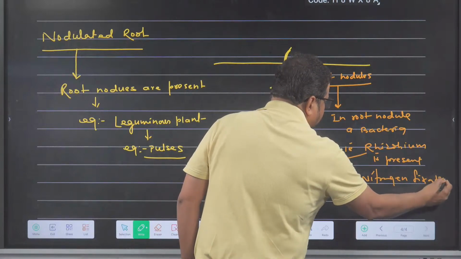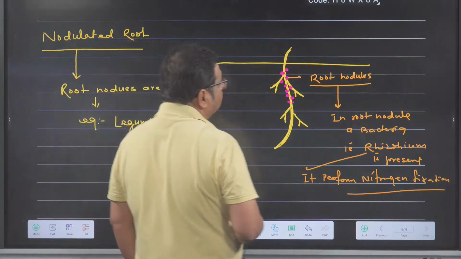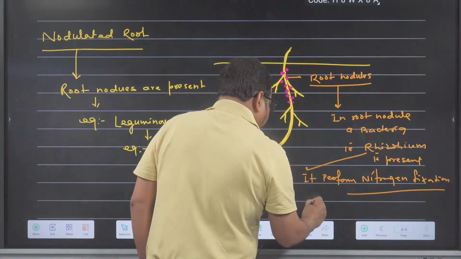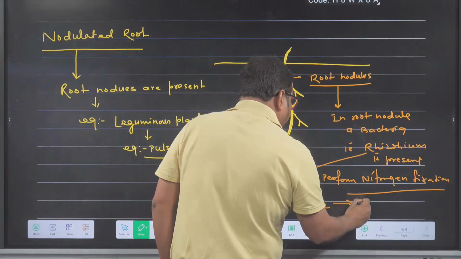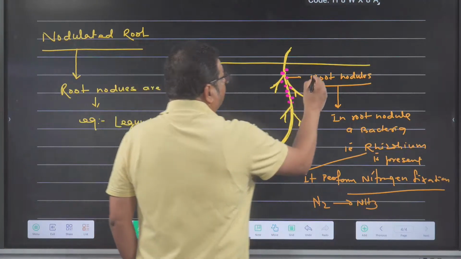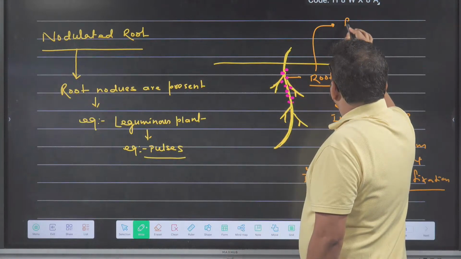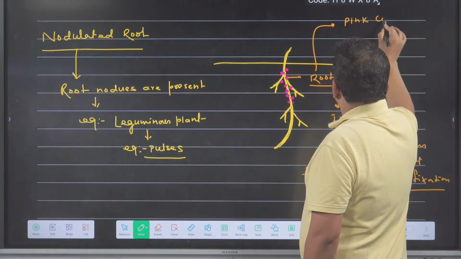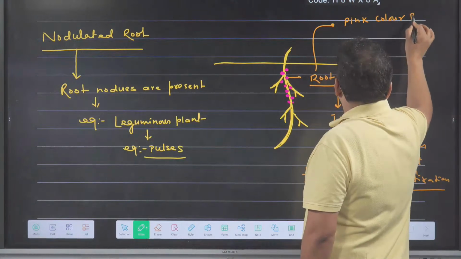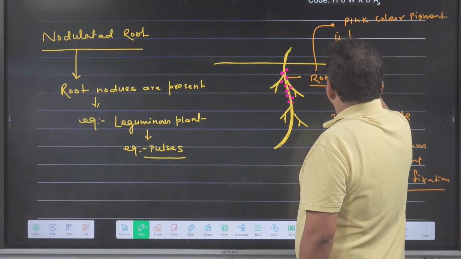So what is the function performed by these root nodules or nodulated roots? They perform nitrogen fixation, converting atmospheric nitrogen into ammonia. And in the root nodule, a pink color pigment is present.